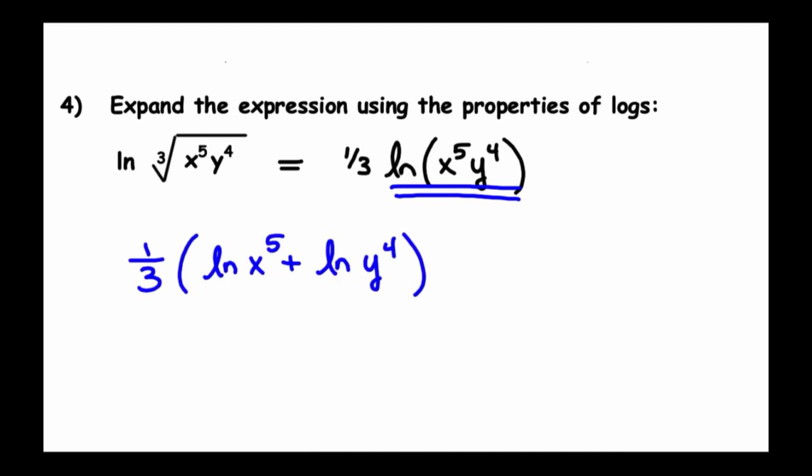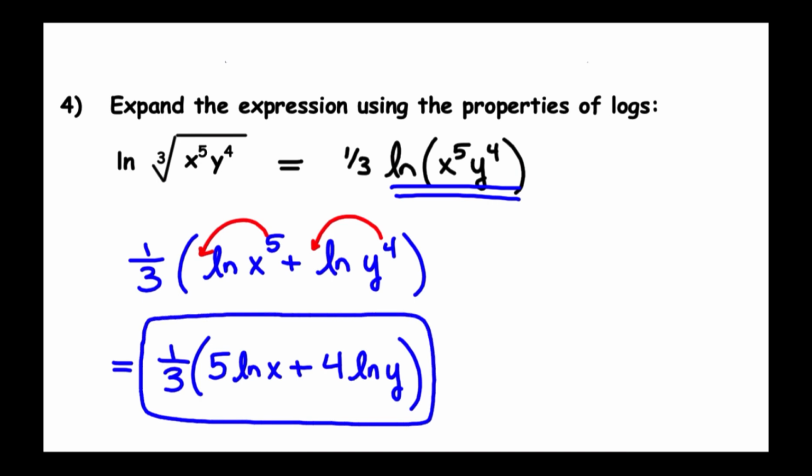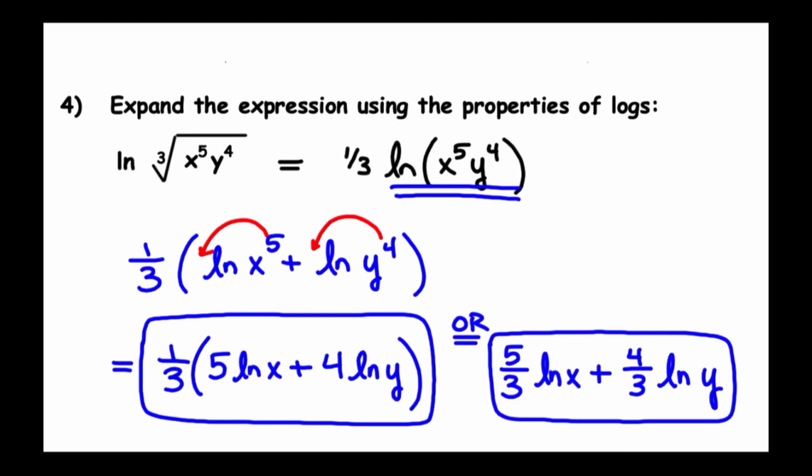And of course, my next step is to use the power law and bring the 5 and the 4 down, making them coefficients. And this could be your final answer if you choose. Or if you prefer, you can distribute and write it like that. I kind of like the lack of parentheses, but either one is perfectly fine.